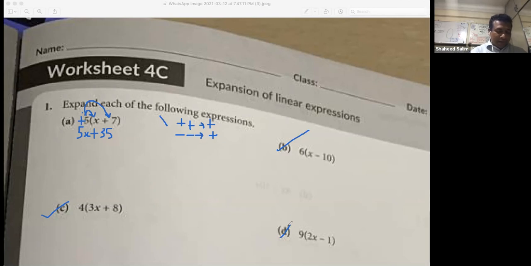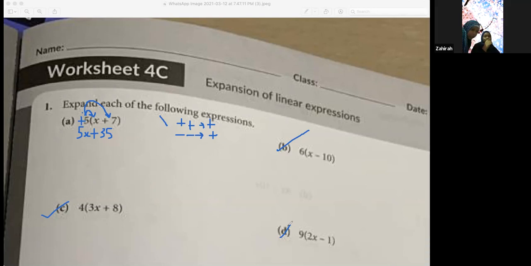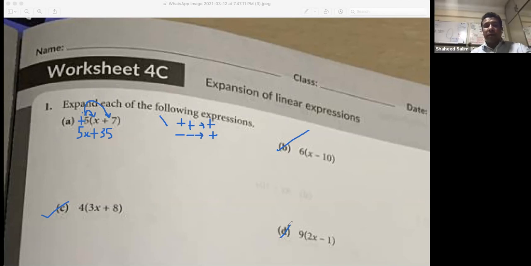What about you, Zahira? Can you send me your result? I don't know. The paper is in my... She passed also. Hey, Ian, you also send me your result, okay? How did you all do? I need to know whether the tuition is helping you or not. You say, yes, the tuition is helping me to make me worse. Hey, don't be like that. Hopefully not. If tuition is making you worse, that means something is wrong.